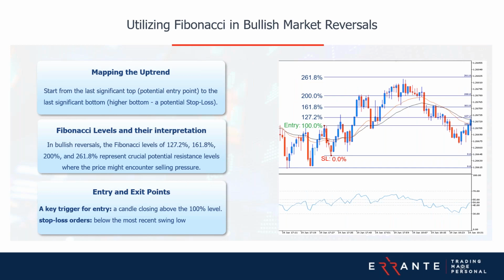Let's delve into the strategic application of Fibonacci extensions in the context of bullish market reversals. When we observe a prior downtrend that begins to lose momentum, culminating in the formation of a higher bottom, we stand vigilant, okay, for the price to breach the last top.